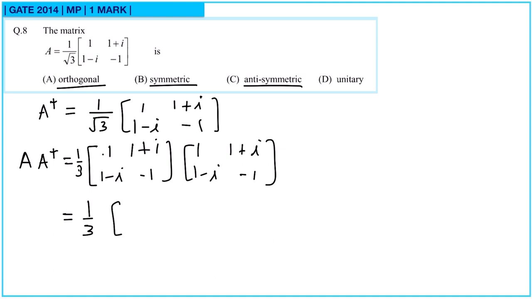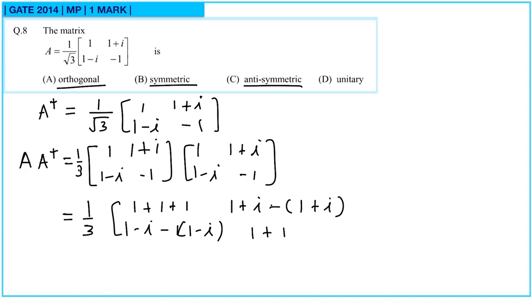So 1 by 3 into 1 into 1, 1 plus I into 1 minus I. So that is 1 square plus minus of I square. So this will be 1 plus 1 plus 1. Then we have 1 plus I minus 1 into 1 plus I. Then 1 minus I, then minus 1 into 1 minus I. And here again 1 plus I into 1 minus I, so that is 1 plus 1 and minus 1 square.